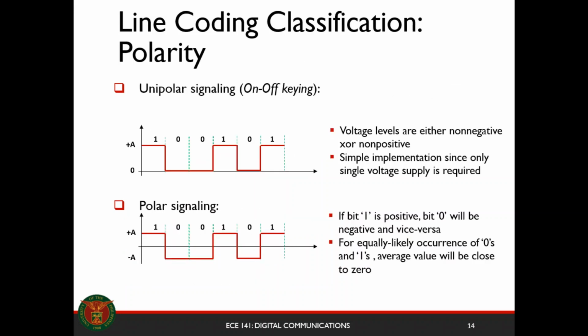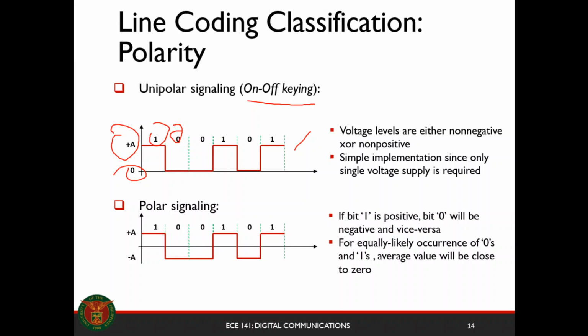So some coding classification. Our unipolar signaling is what we call the on-off keying. Basically, we represent 1 as positive A, 0 as 0. So this is unipolar signaling. It's a simple implementation because you only need one voltage supply.